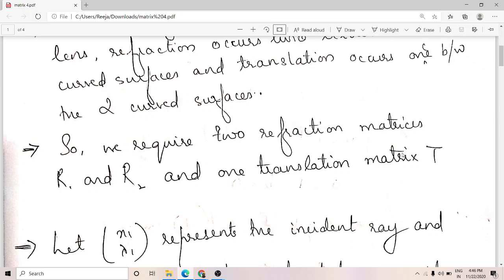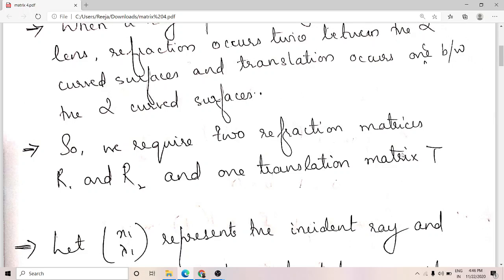So the system matrix here must consist of two refraction matrices and one translation matrix. Such a system matrix will be able to contain all the operations through which our ray will undergo.